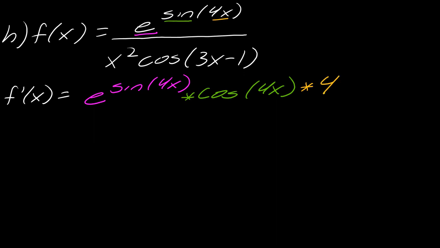Remember, we're using the quotient rule here, so I take the derivative of this, and then I just multiply it by this other function. I haven't done anything to the other function. So this is going to be all of this times x squared cosine of 3x minus 1. There's the first part.